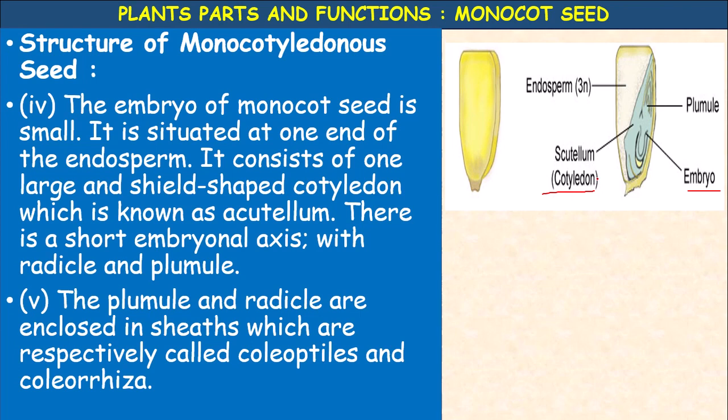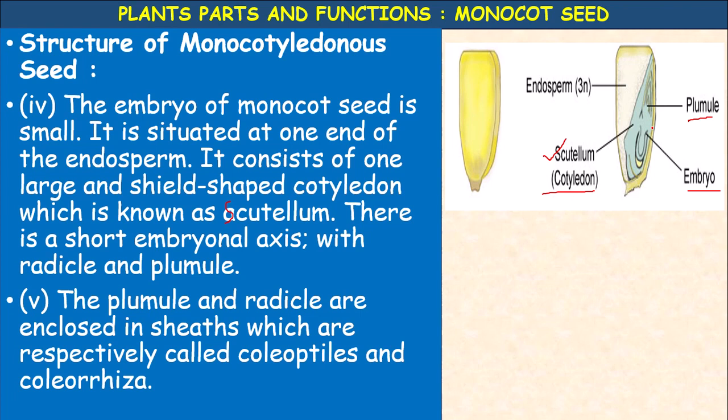The cotyledon is known as the scutellum. There is a short embryonal axis with radicle and plumule. This is the plumule, and the radicle is present below.